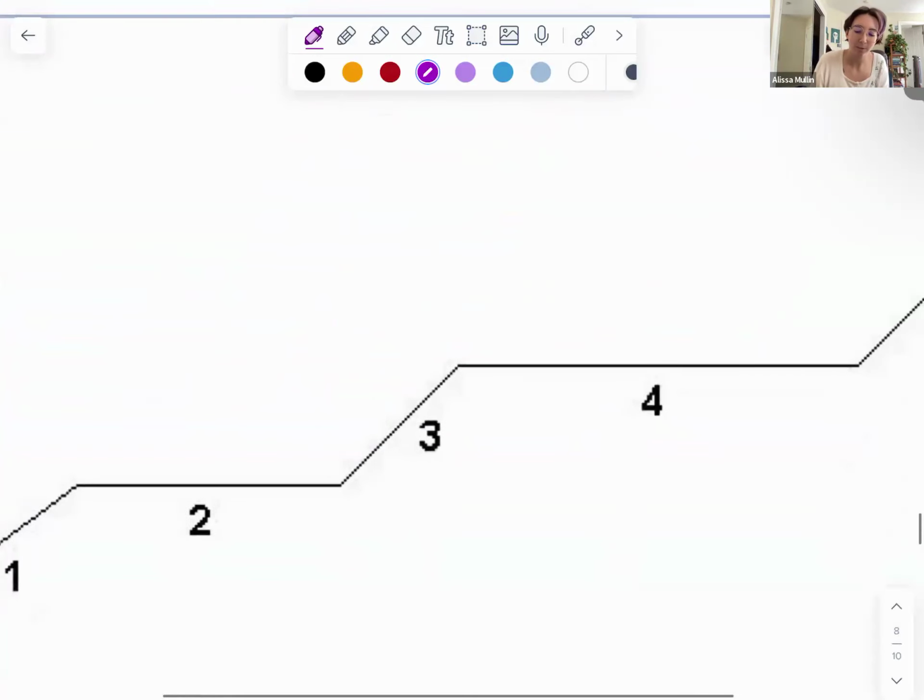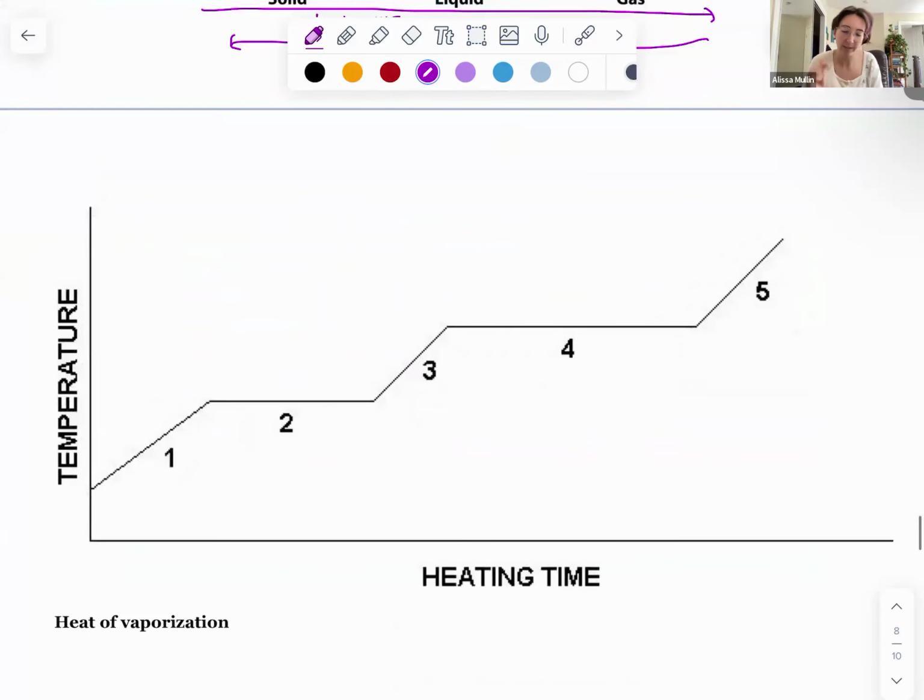A super helpful visual for this that we see a lot is something called a heating curve.